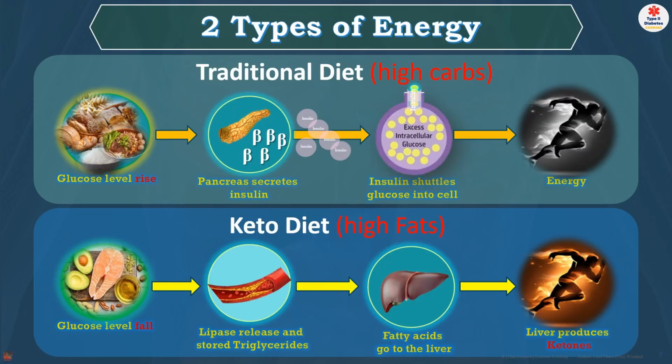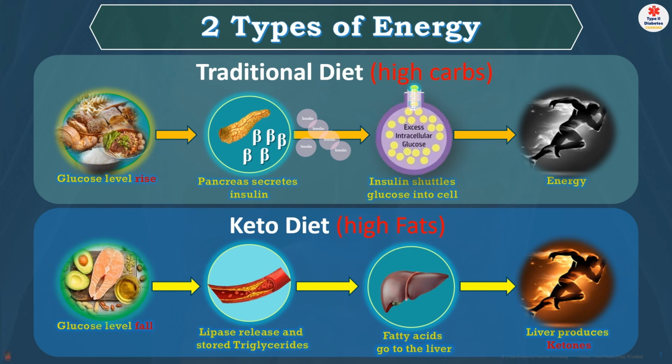Okay, two types of energy. One is from sugar, which you use for storage, and one is from fat, which can also generate energy. When you eat glucose, the glucose rises, right? And then the pancreas says, oh, I ate food, I need to produce some insulin.